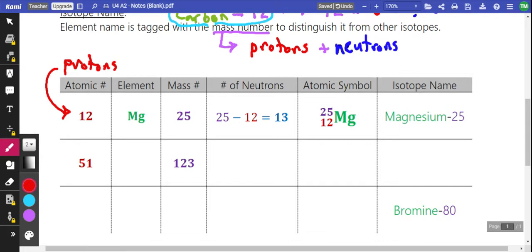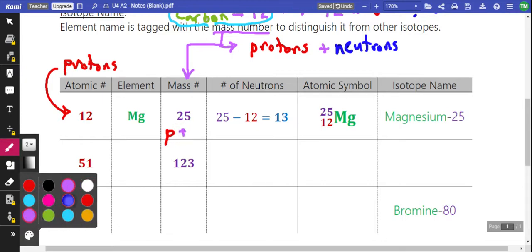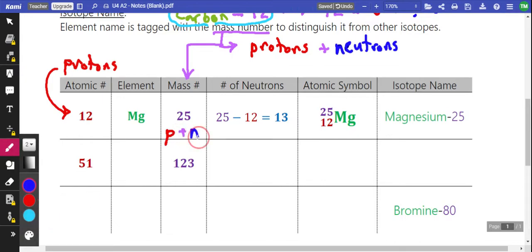It's got an atomic number of 12, which checks out. This specific version of magnesium is said to have a mass number of 25, where again, that mass number is the number of protons plus neutrons. So this 25 is P plus N, protons plus neutrons.